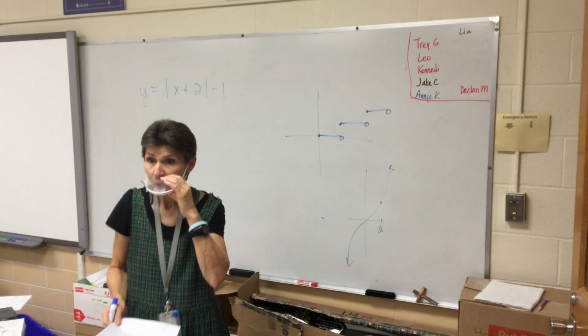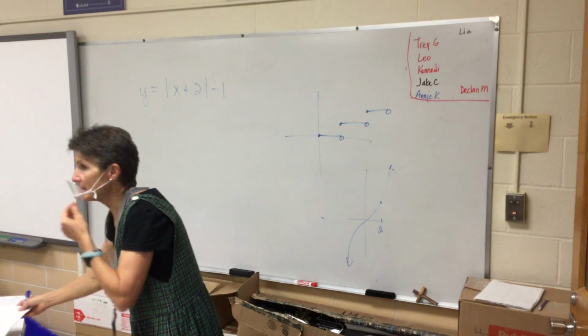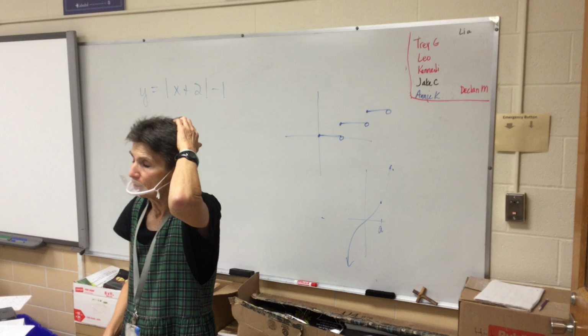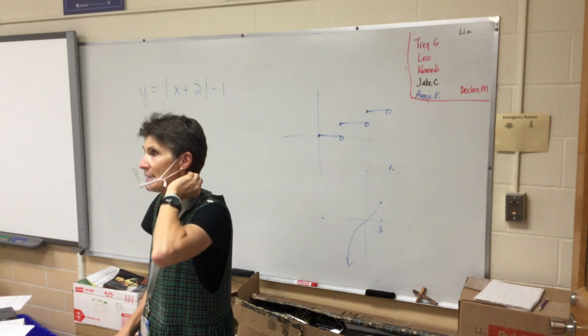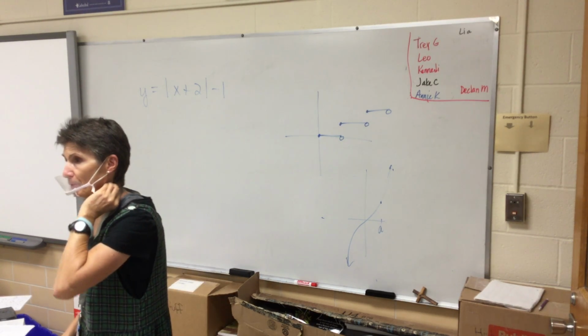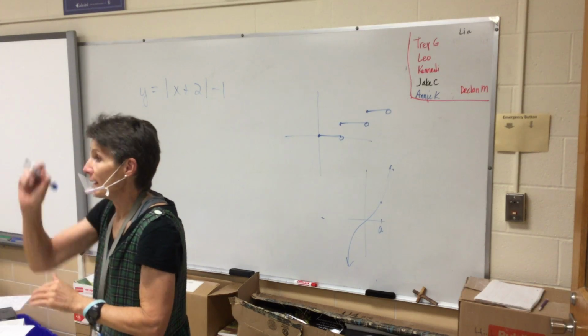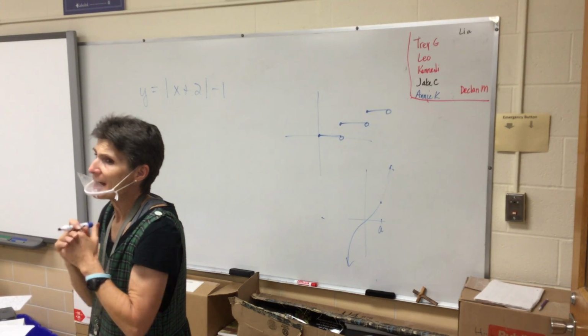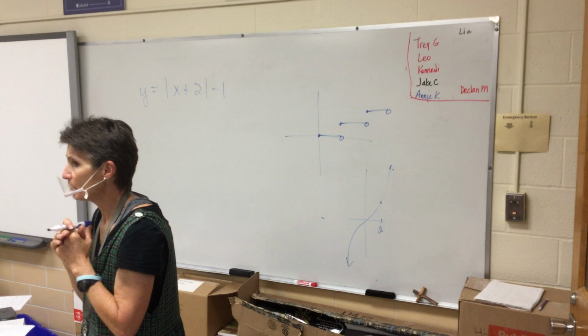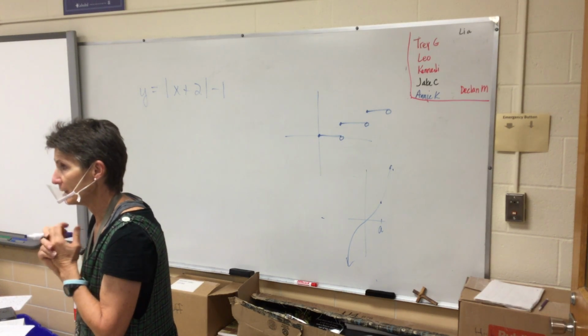Now, I picked that one because it is a shape I think you're familiar with from last year. Does anybody remember? You know an x squared is a parabola. What is an absolute value? Does anybody remember the shape of an absolute value, Ellen?